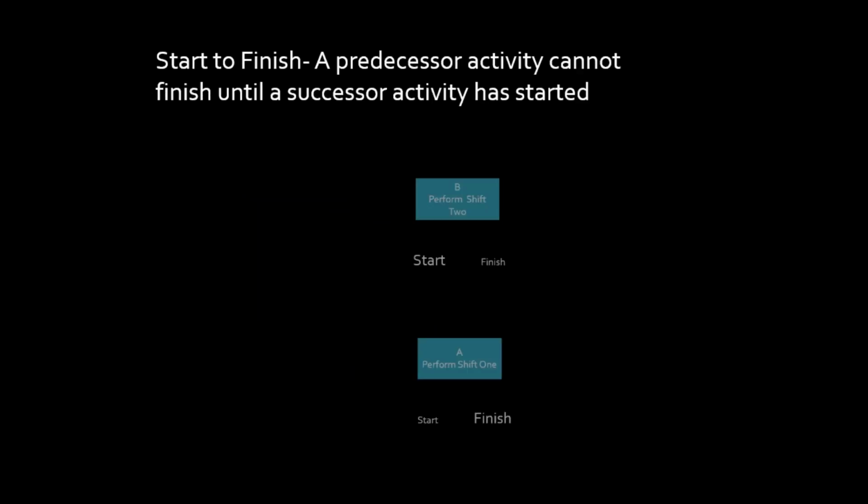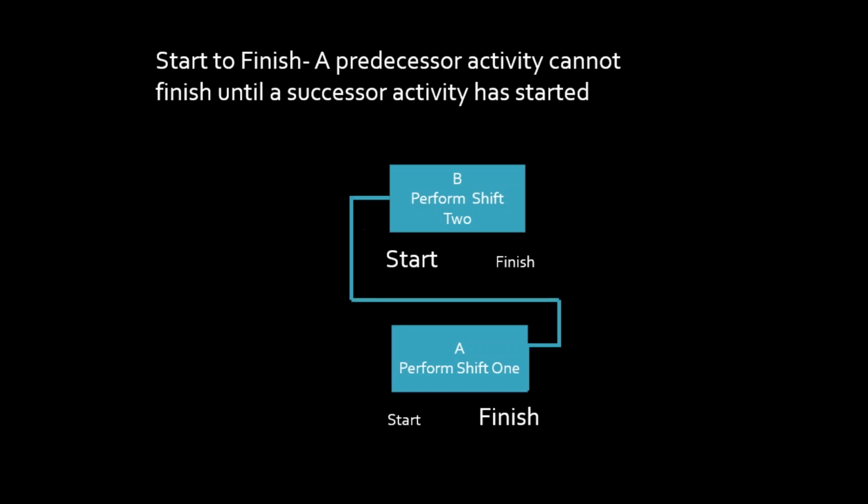The fourth and the most uncommon, and I almost never see this in the real world, is start to finish, where a predecessor activity can't finish until the successor is started. The example they give you in the PMBOK is a security guard coming on: the first security guard can't leave his post until he's relieved by the second security guard.